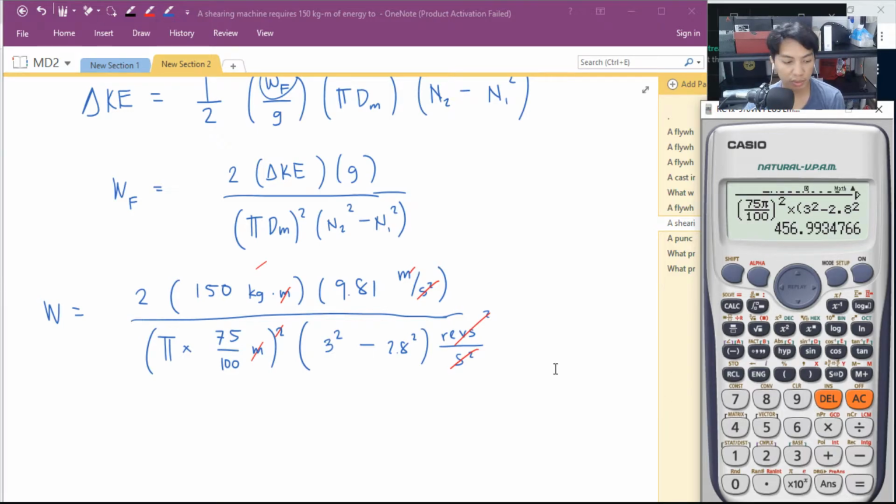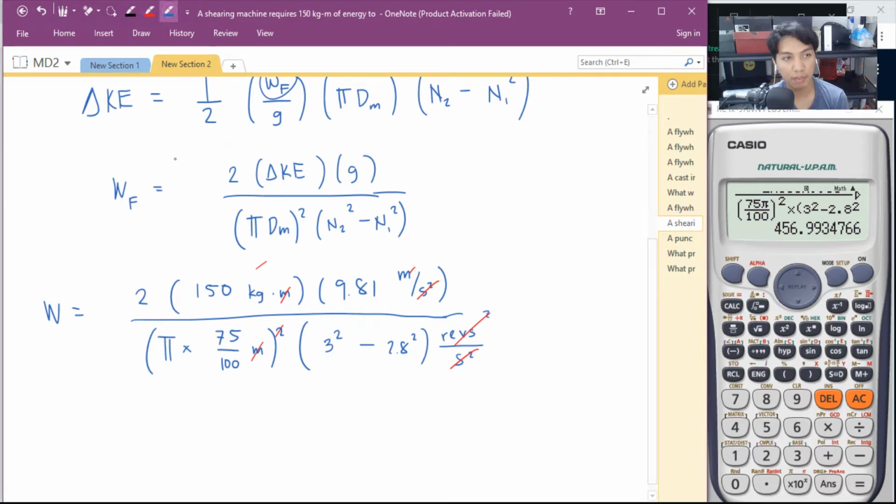That is 456. The weight of the flywheel now is 456.99, approximately 457 kg.